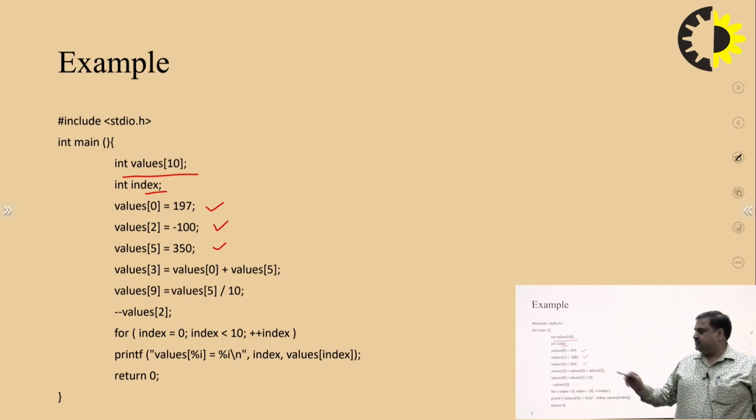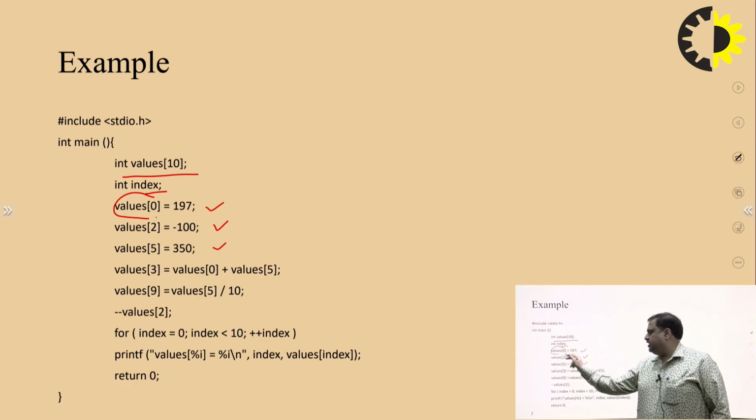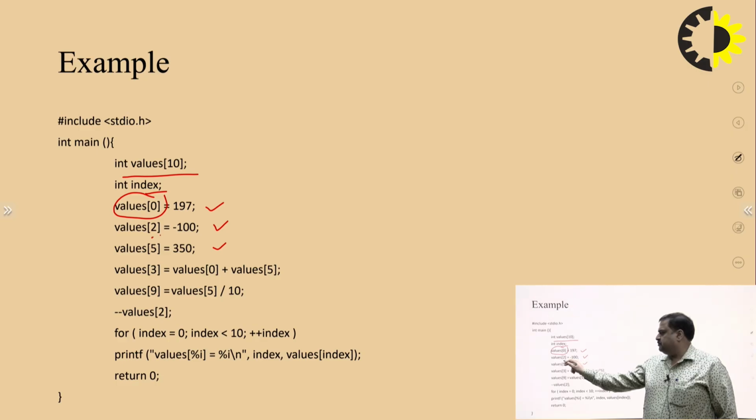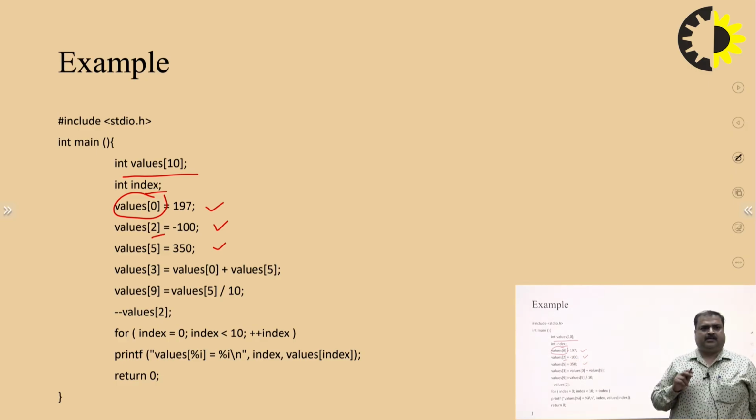So this is the way to access a particular element of an array: we need to have the array name and a subscript. Here the subscript is 2, so we are referring to the location at index 2 and storing the value -100.